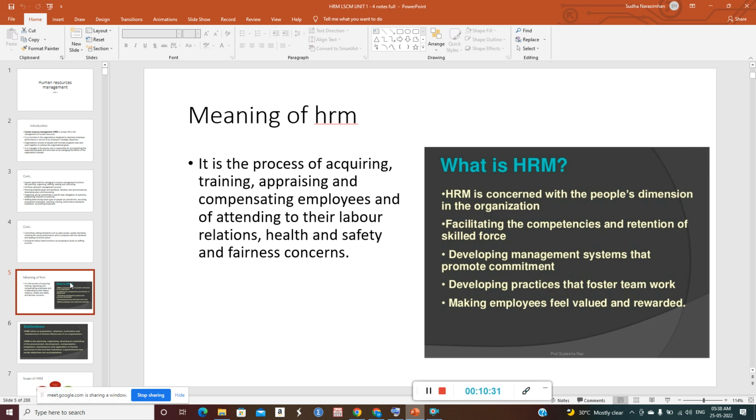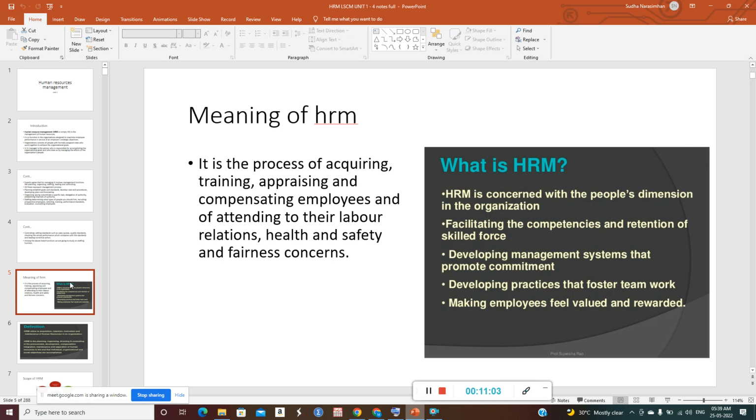The other part of HRM also emphasizes training, appraisal, which is called performance appraisal, compensating the employees through rewards and recognitions, and attending to industrial relations, which involves laborers, employees, management, government, and suppliers.